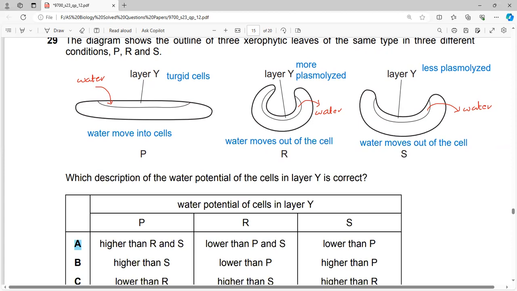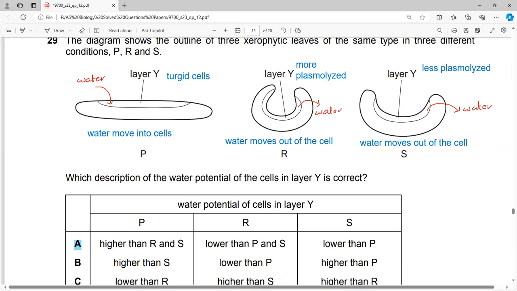You can see the water potential in a cell in P is higher than R and S. Why? Because the water moved from outside to the inside of the cell, and inside the cell there is more water and less salt as compared to R and S. So that's why the water potential in the P cell is higher as compared to R and S.